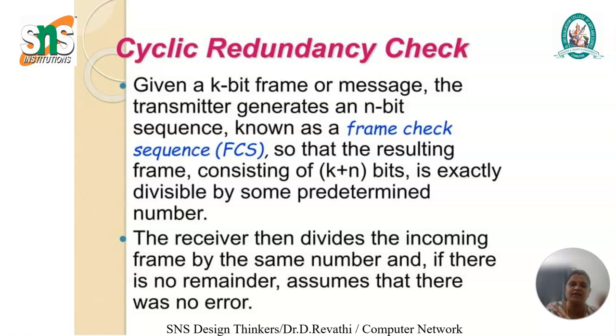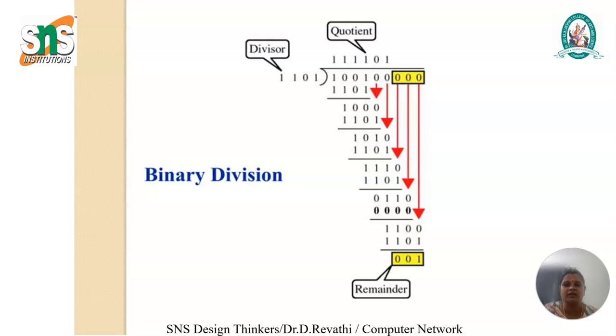The receiver divides the incoming frame by the same number. If there is no remainder, it assumes there is no error. We are dividing using the binary division method, which is calculated using binary subtraction, as we already know how binary division is carried out.